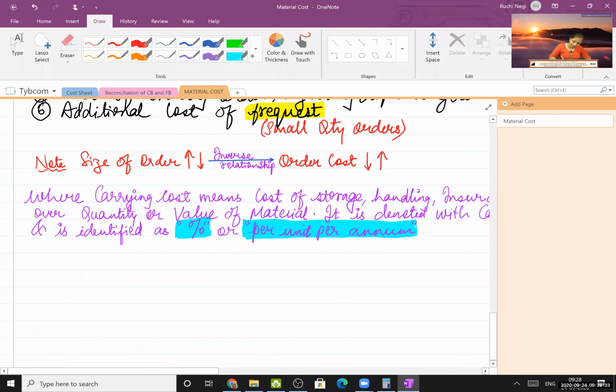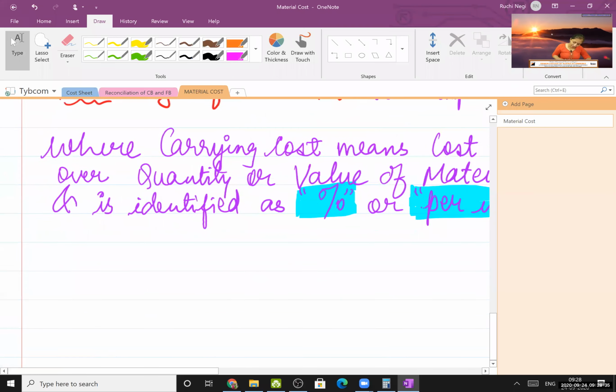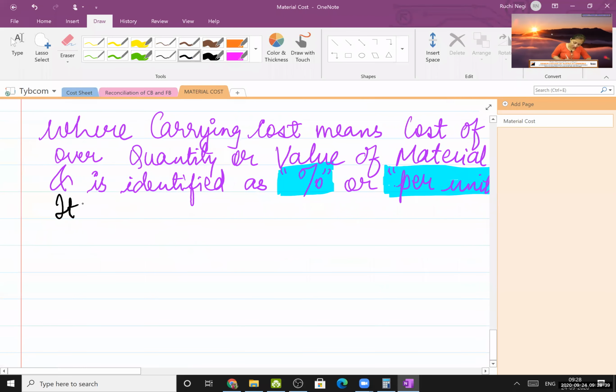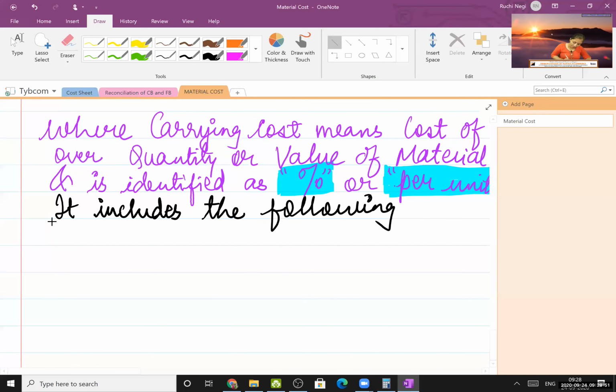It includes the following. First, it is called what? Storing.